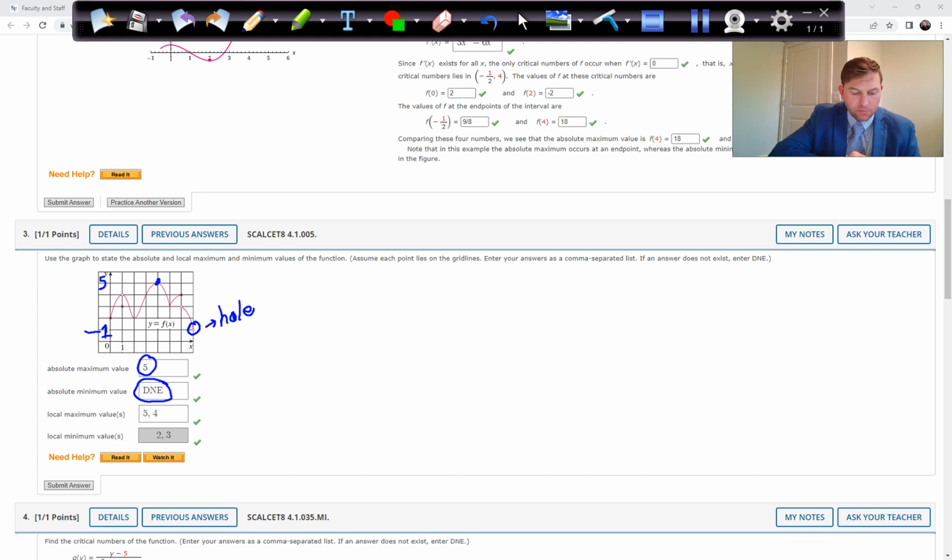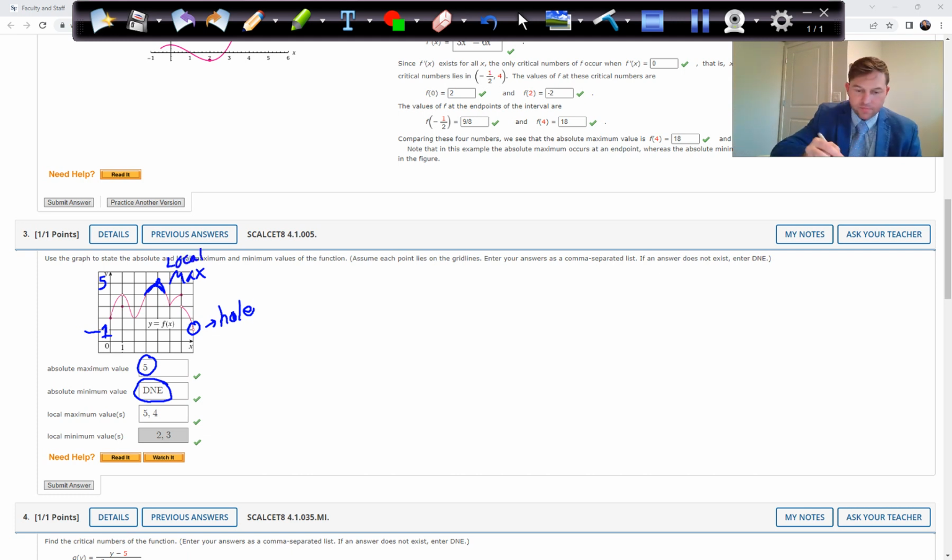Okay, now for the local max values. So this is a global max, but it's also a local max because it switches from increasing to decreasing. So anytime you have a hump like this, you're going to have a max. So it's a local max and it's a global max.